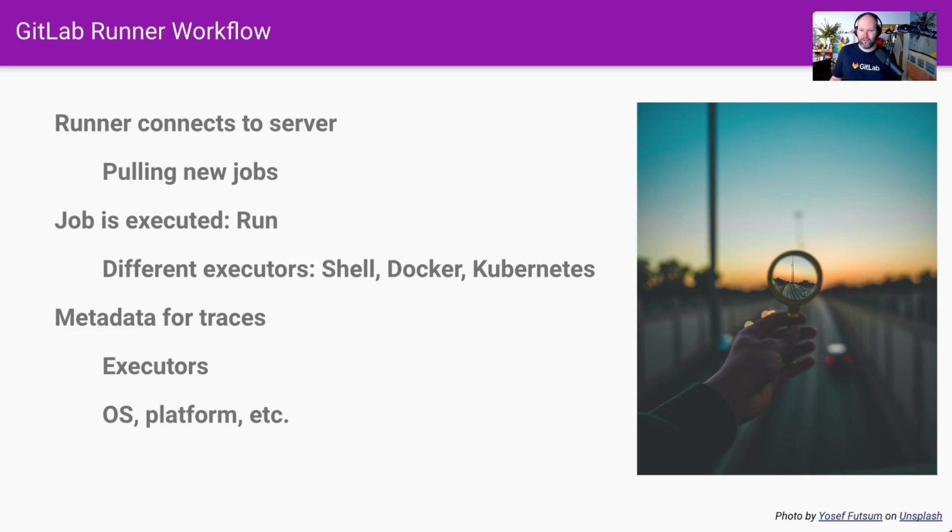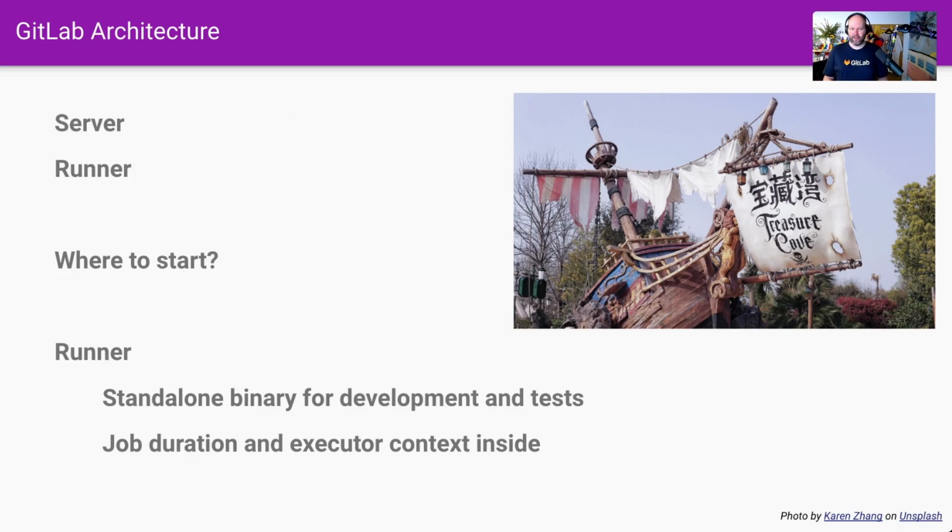On a virtual machine using the shell executor, the Docker executor spawns a container, and the Kubernetes executor runs something in the Kubernetes cluster. We can also add metadata for traces, for example the executors themselves, the operating system, the platforms, versions, everything which is useful, but keep it as small and minimal as possible.